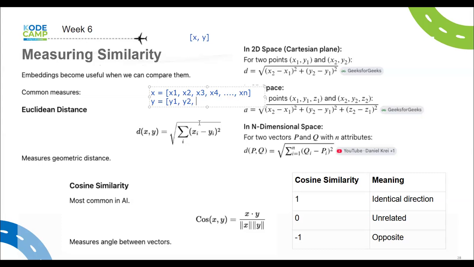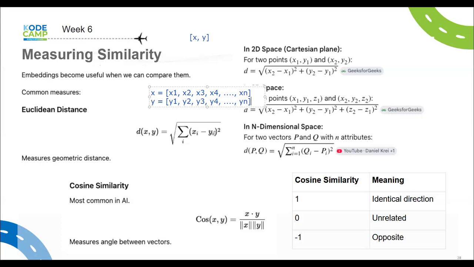So let's avoid confusion. So with that, if you want to calculate the distance between the x, which is, for example, the dog, and y, which, for example, is a cat embedding, you will take each feature, right? That's what this i means.